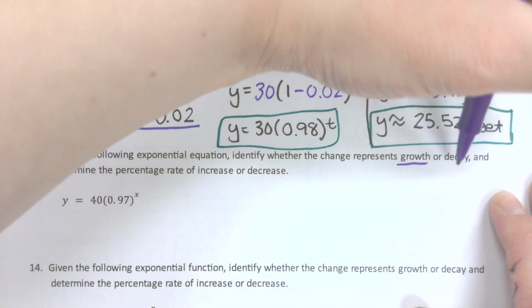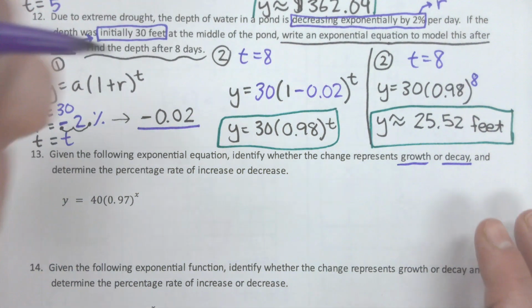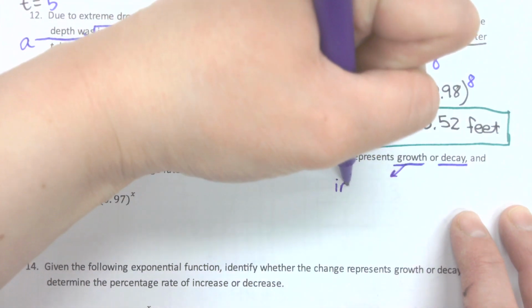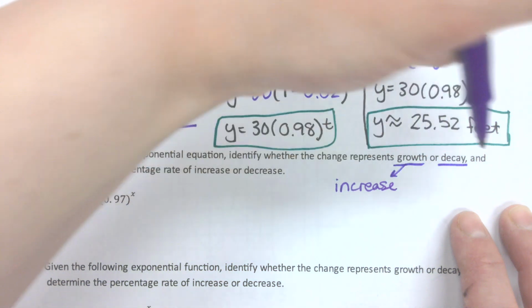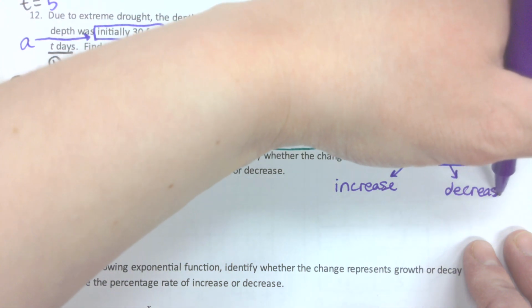First off, let's talk about growth and decay. Their names kind of imply what they mean. Growth means you're going to have an increase. Decay, it's dying, it's going down, it's a decrease.